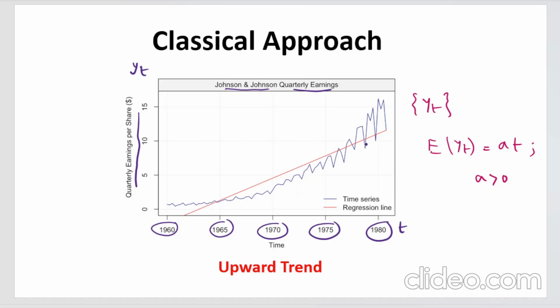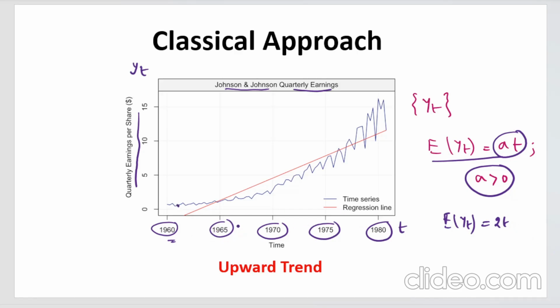And if you find out the mean of this time series process, which I have given you here, it will come out to be in this format, A into T, where A is positive. Suppose the expected value of YT, for example, is 2T. As you keep on increasing the value of T, suppose T is 1960 here, you will have some price.